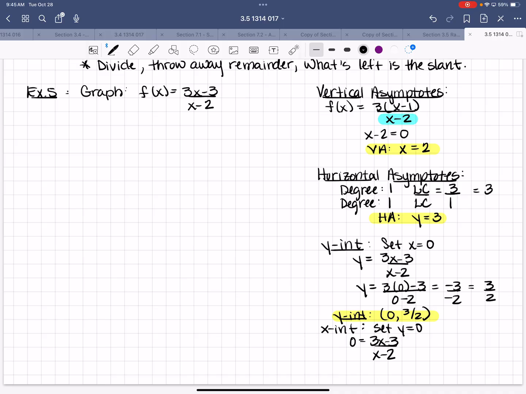The only way I can get this to equal 0 is if I have 0 in the numerator. So set the numerator equal to 0 and solve. 0 equals 3x minus 3, so 3 equals 3x, so 1 equals x. So I have an x-intercept at (1, 0).